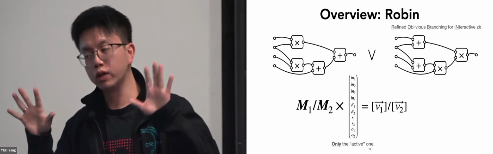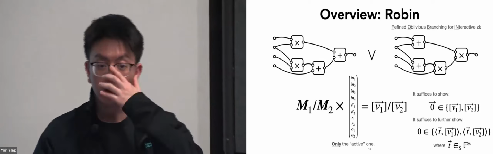Said differently, if you just take these two matrices, notice that they are defined by the circuits already. I give two matrices, you will have two vectors of commitment, and one of them is just 0. So I just reduced the problem of proving one of the circuits to proving that there is a 0 vector between two commitments. So how can you do it? Maybe you have seen this trick before, but it's very simple.